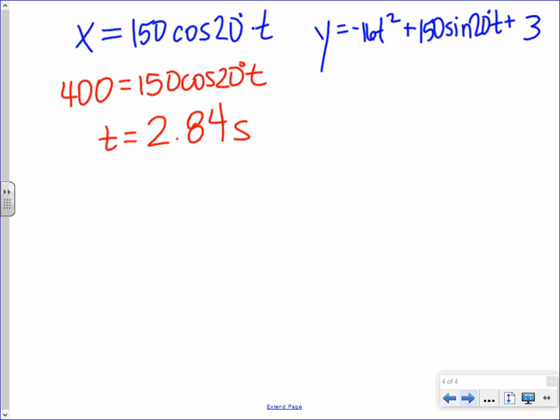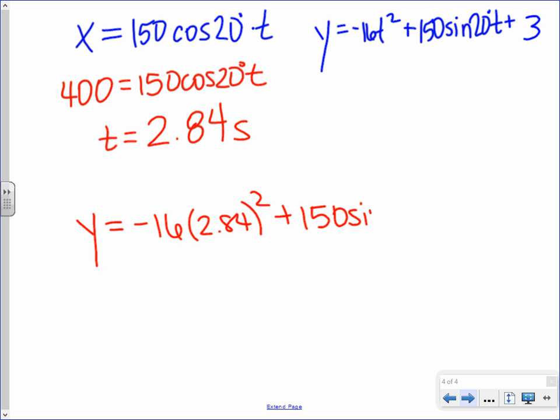So our vertical distance at the time our ball is 400 feet away, we can just plug that into the vertical height equation.